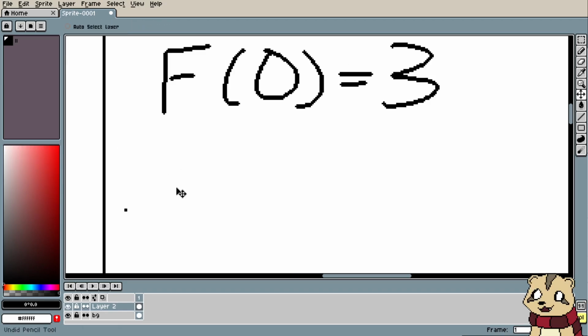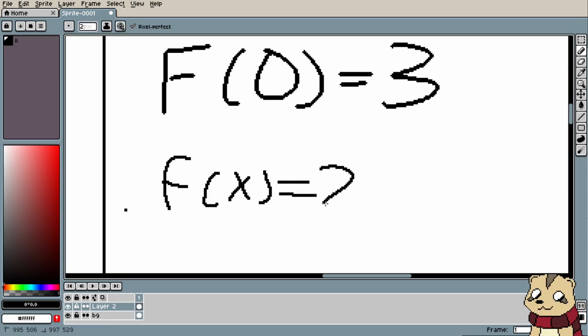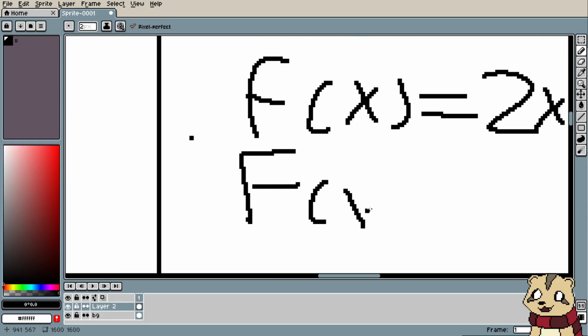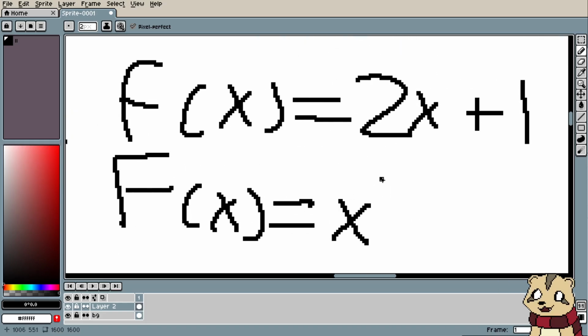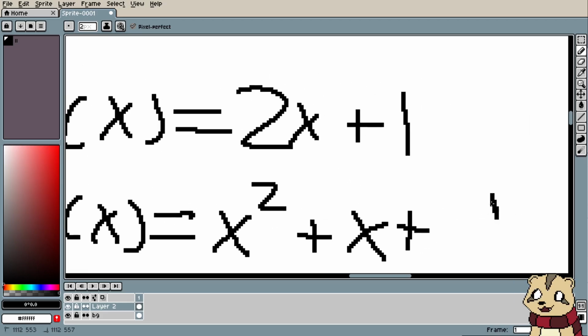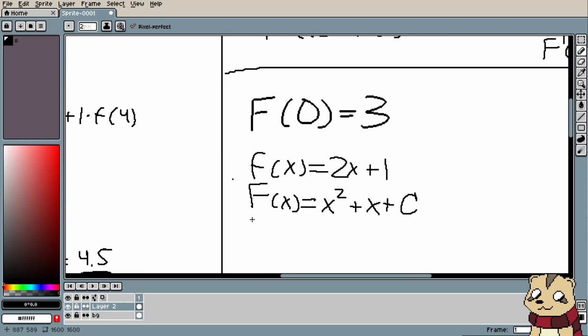So let's say we have f of x equals 2x plus 1. So we'll take the antiderivative of that. So we'll get x squared plus x plus c. And this works. You take the derivative of this, and you'll get back this form. You get a whole family of solutions.